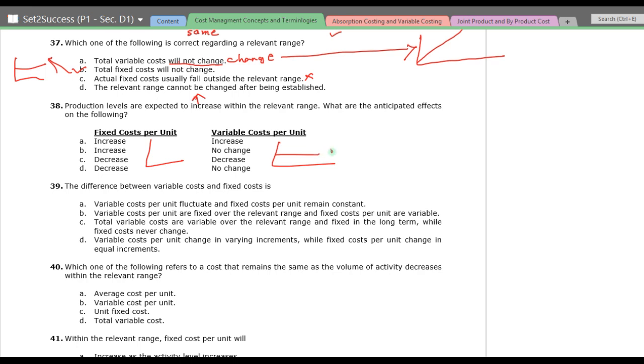But fixed cost per unit will decrease. So the correct option is that when the production levels are expected to increase, fixed cost per unit will decrease and variable cost per unit will have no change. So option B is correct.